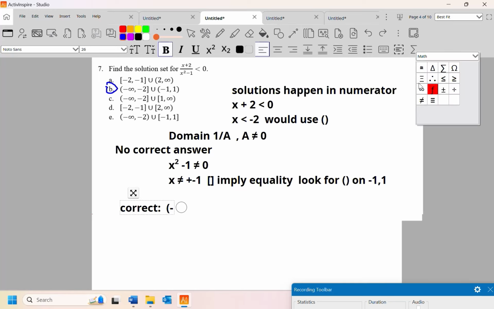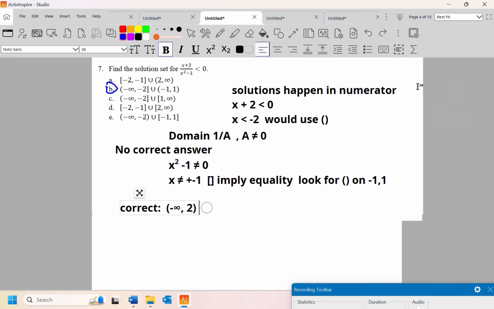Yep, here we go with this issue. Union with -1. Oh, hold on, there might be a correct answer here. It would go from -infinity to -1, union with -1 to 1, union with 1 to 2. That's what would be correct, and it's not present.